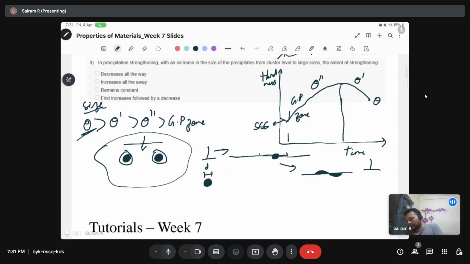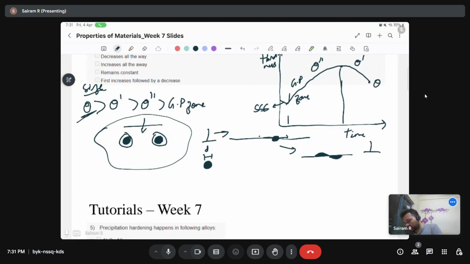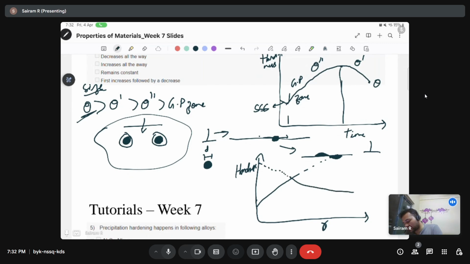So when we plot the hardness versus critical size R, the strength required for the shearing mechanism is constantly increasing, and the strength required for the Orowan mechanism is constantly decreasing.